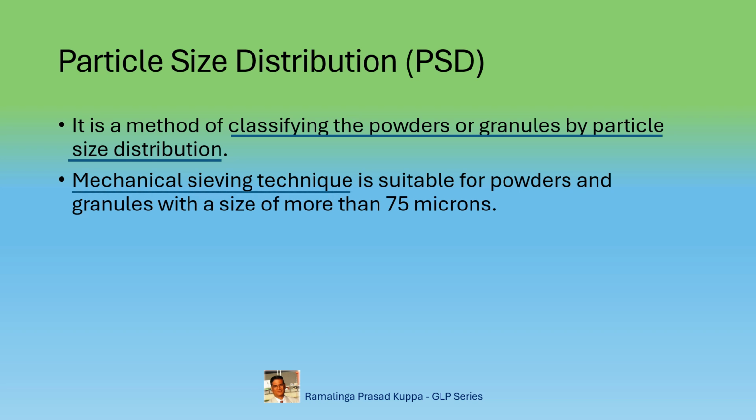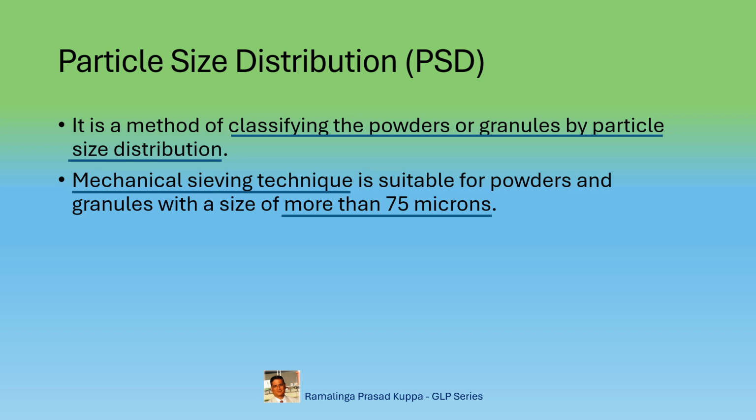Mechanical sieving technique is suitable for powders and granules with a size of more than 75 microns. This is a simple technique for separation of various particle sized materials, useful for particles of higher density and size higher than 75 microns.